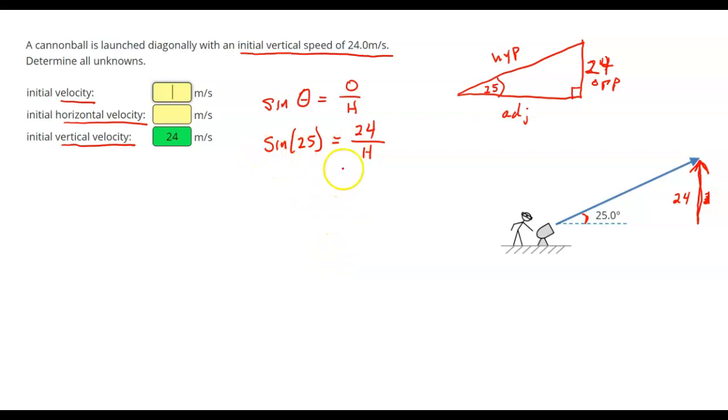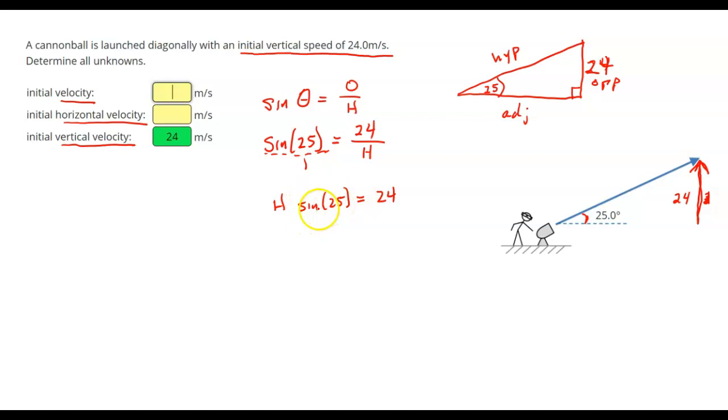Okay, now again, we can cross multiply, pretend this is over 1. So we get h sine 25 equals 24. And then we want to solve for the hypotenuse, which is the initial velocity.